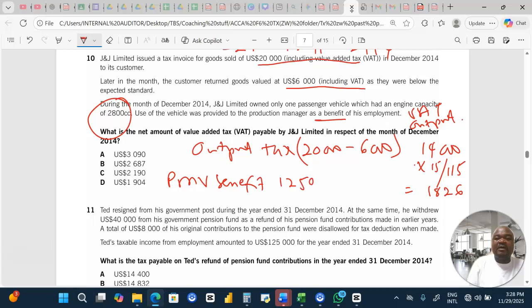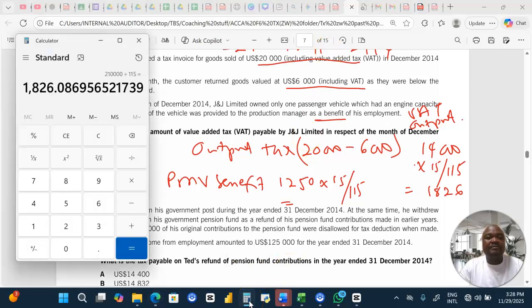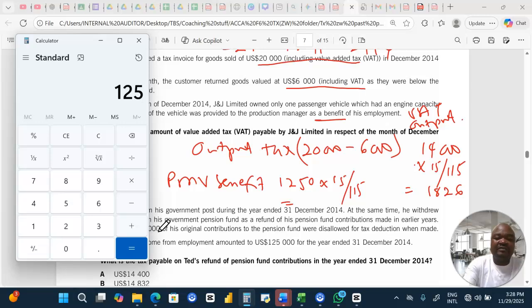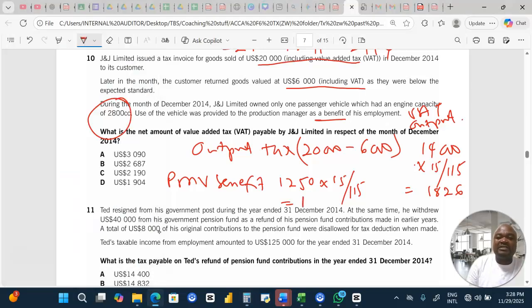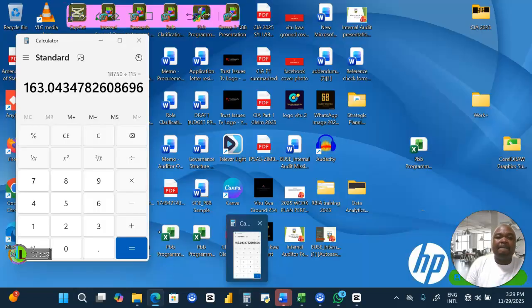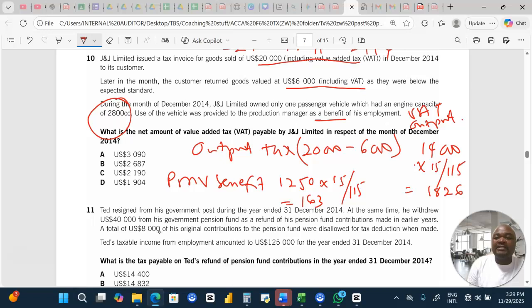1,250 multiplied by 15 over 115. That's 163. So we need to add plus 163.